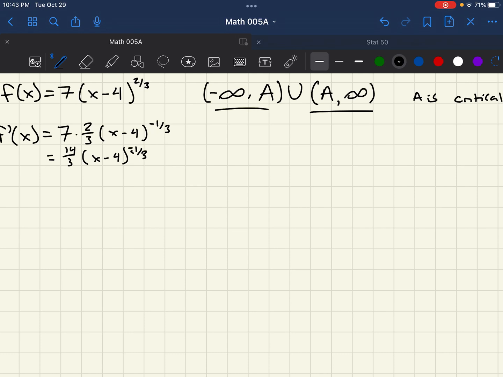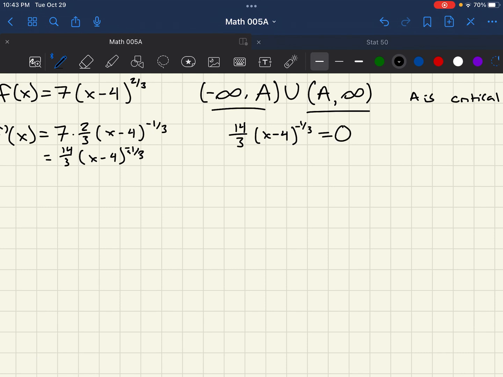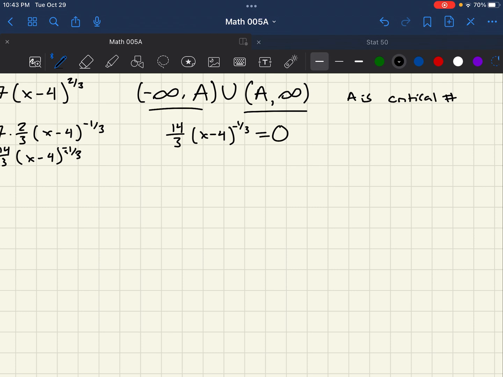So let's just come over here, do 14/3 times (x minus 4) to the negative 1/3 equals 0. So this is separated into two different parts. 14/3 is equal to 0, which is undefined.